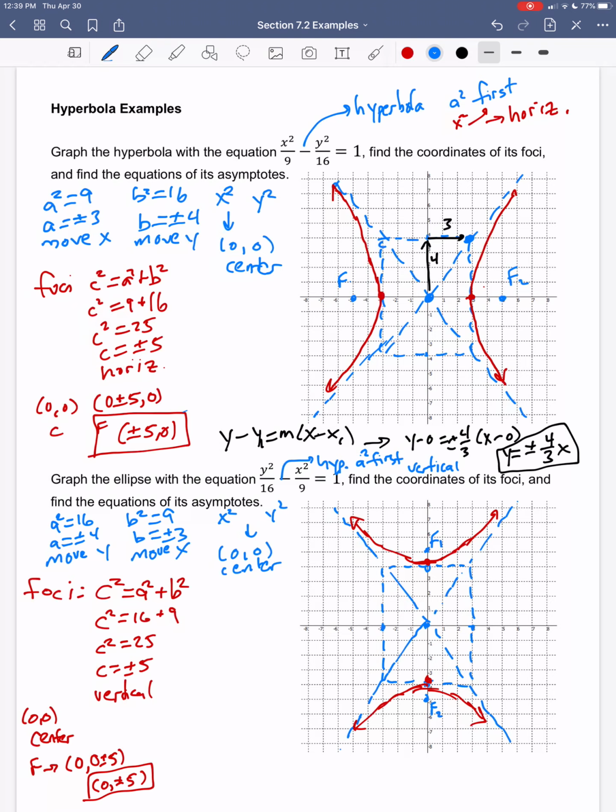For the asymptotes, we use point slope form, and I take this center and I use that center to get x1 and y1.